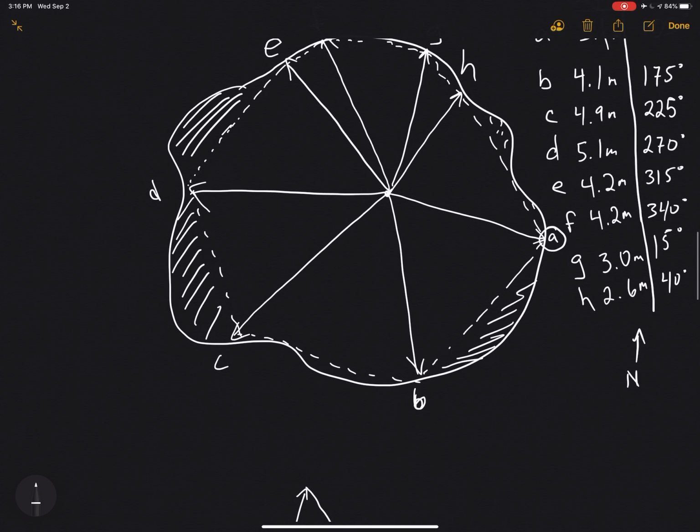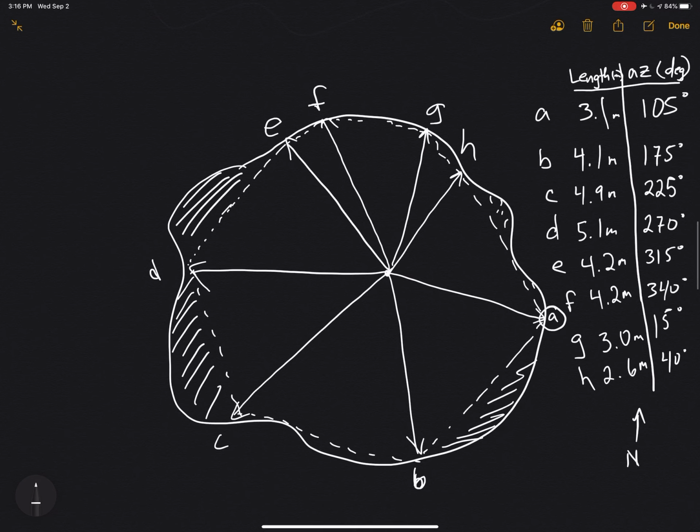Okay? So, I'll type up this example for us and throw that into a spreadsheet. And we'll use this as a class to practice on this example campsite. What is the area of this imaginary place? And then you can imagine going back to it 3 years later and seeing if it's any bigger or any smaller.